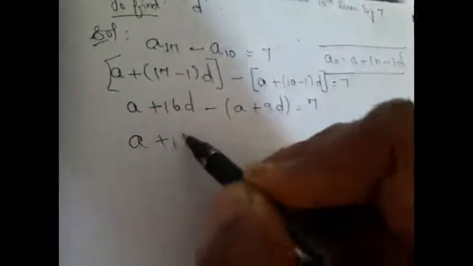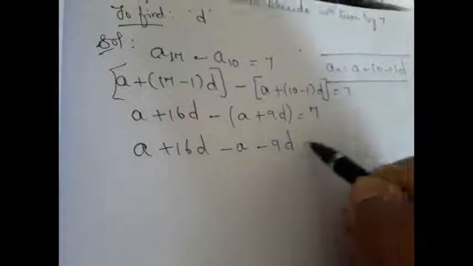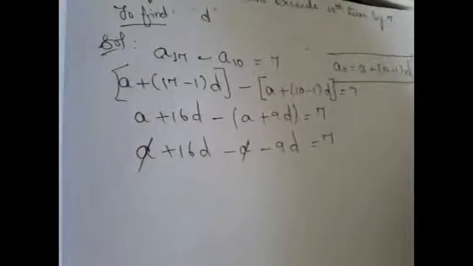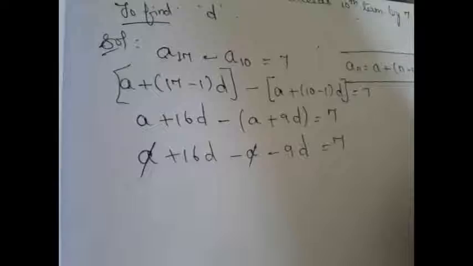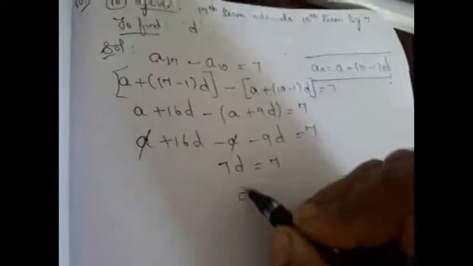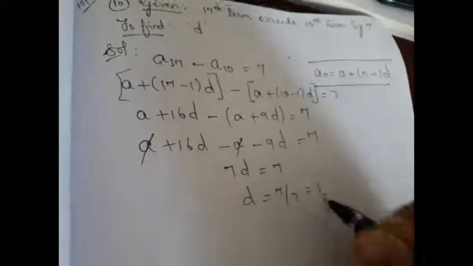If you remove brackets, minus a plus into minus becomes minus 9d, equals 7. Plus a minus a will get cancelled. What is 16 minus 9? 7, right? So 7d equals 7. So d equals 7 divided by 7, which is 1. Therefore, the common difference is 1.